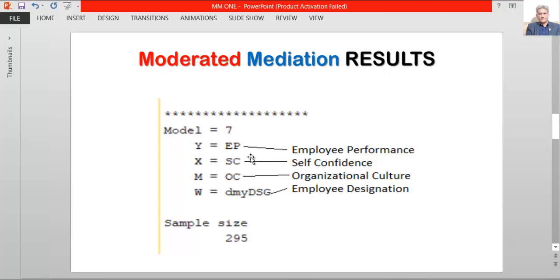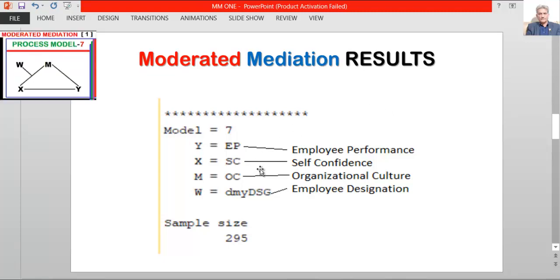Moderated mediation results. The first result after the application of the process model is the presentation of Model-7 of Hayes, where Y is the dependent variable employee performance, X is the independent variable self-confidence, M is organizational culture, the mediating variable, and W refers to the moderator, which we are testing in this presentation.